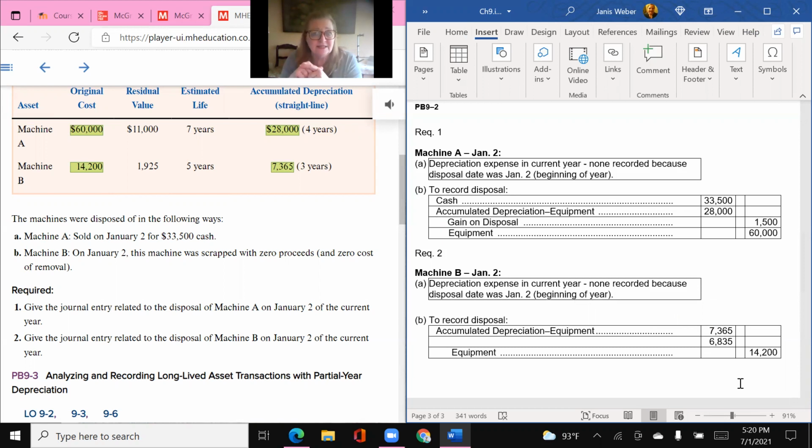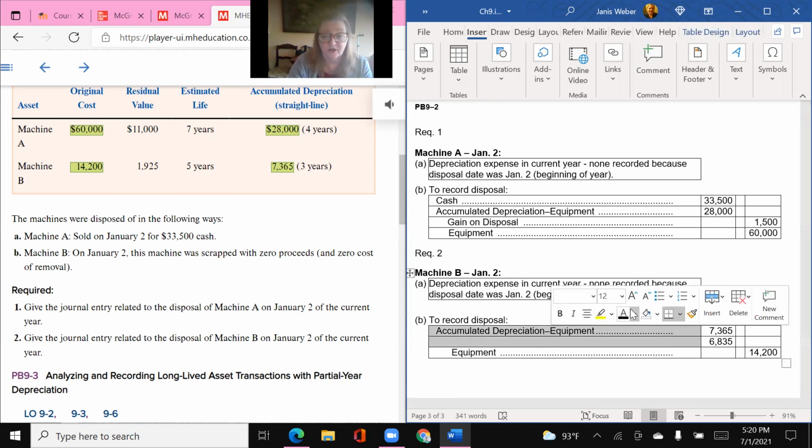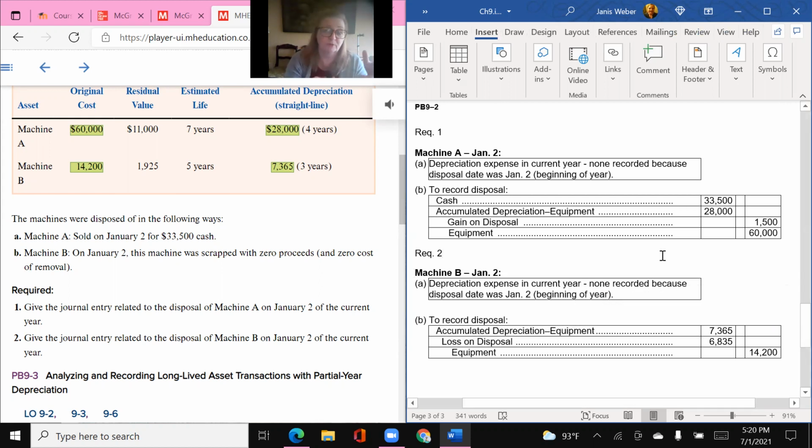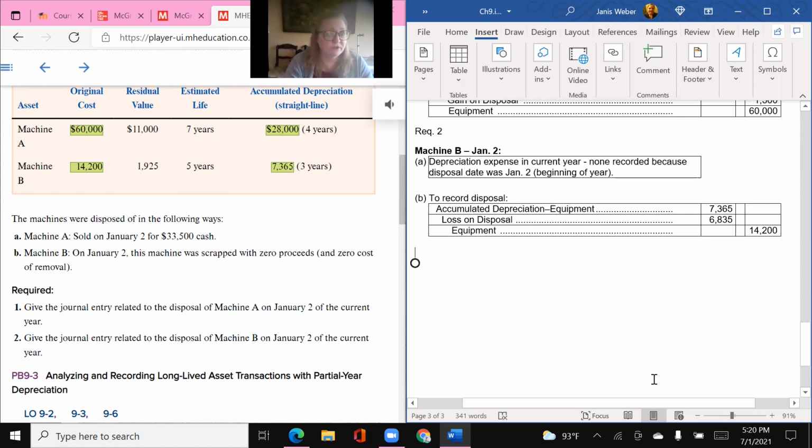If I'm having to debit to get the journal entry to balance, is it a gain or is it a loss? A debit is equivalent to an expense, from the standpoint of whether it's a debit or credit, right? So it is a loss, because expenses and losses are both debit accounts, right? That's the normal balance for a loss.